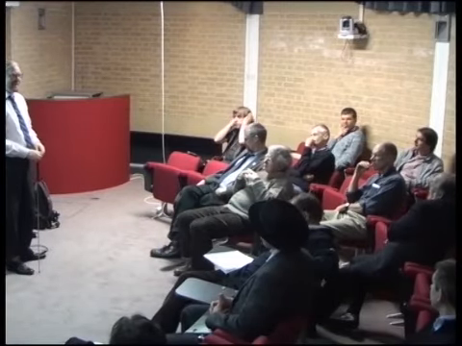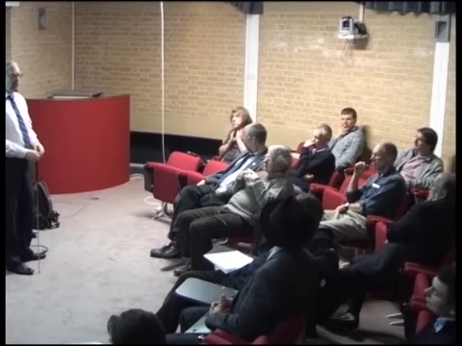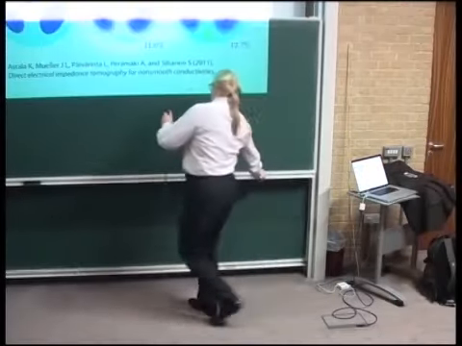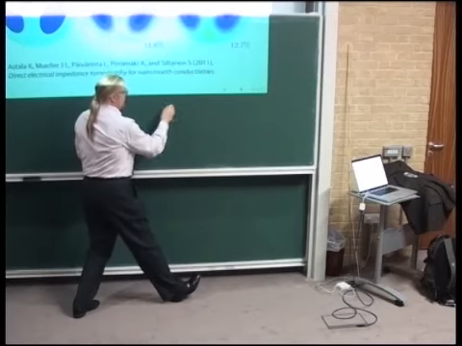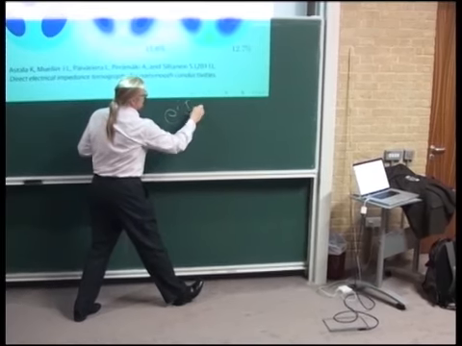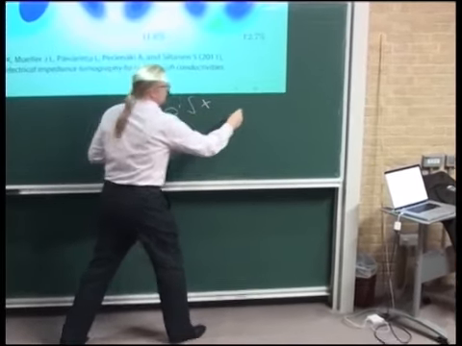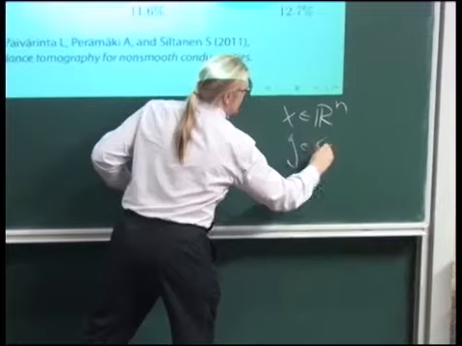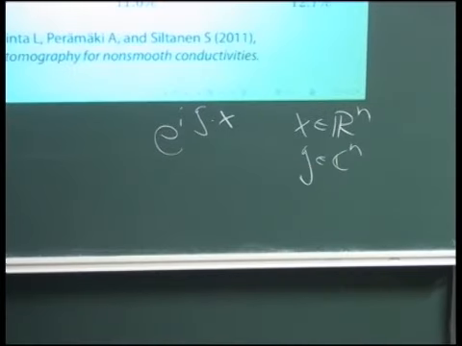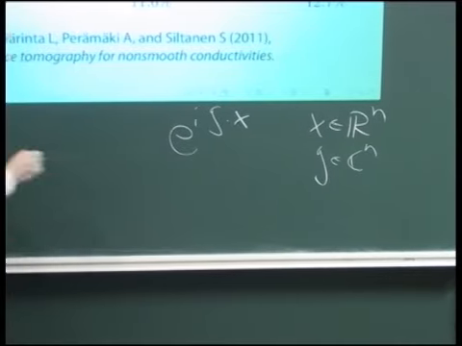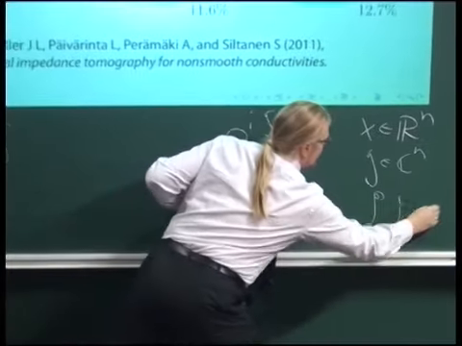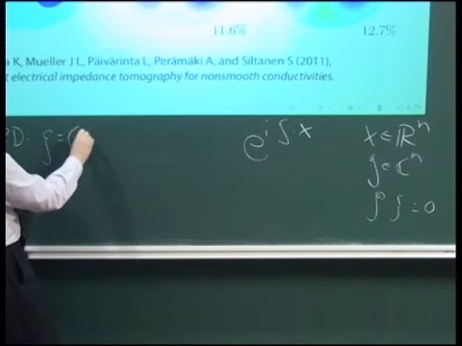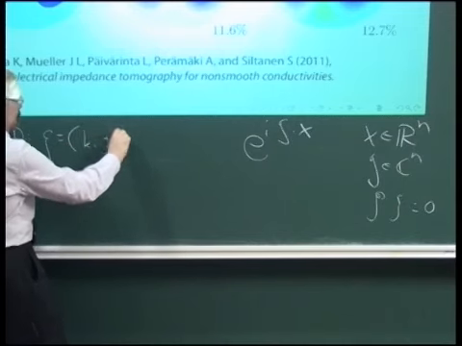Good question. The thing is that these solutions are like e to the i zeta dot x, where now x is in R^n and zeta is in C^n, with zeta dot zeta equal to 0. In the 2D case, these can be parameterized in this way.